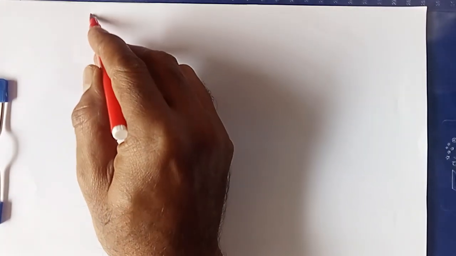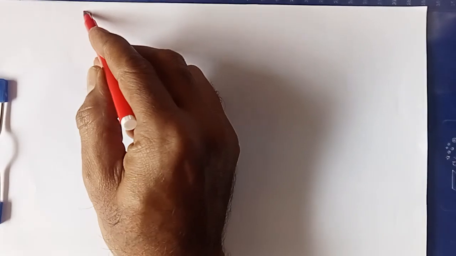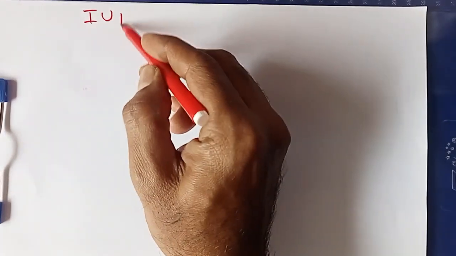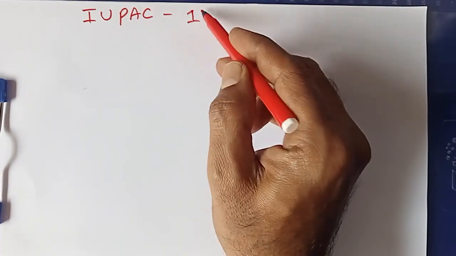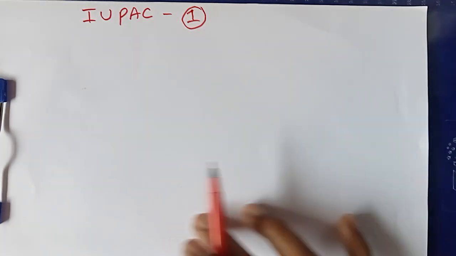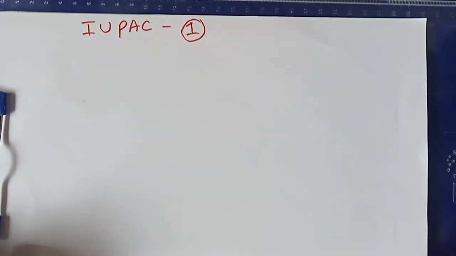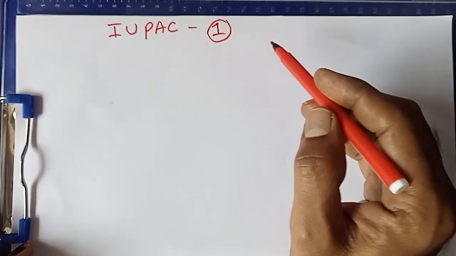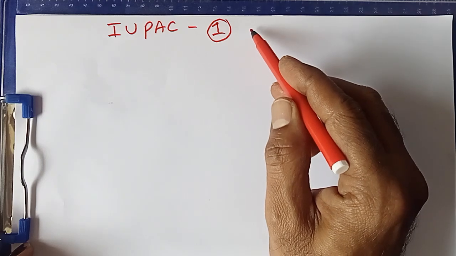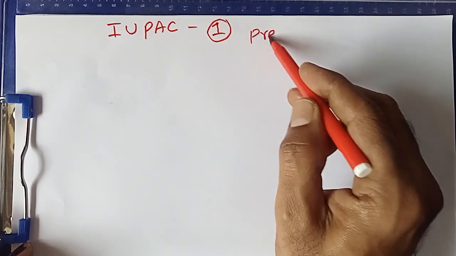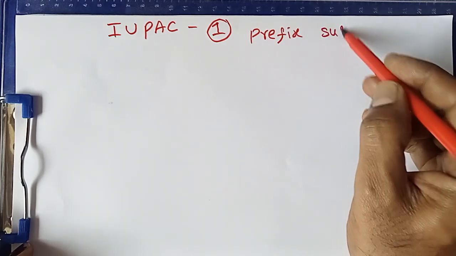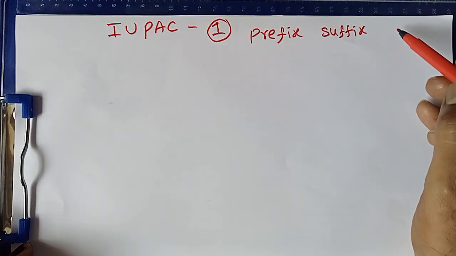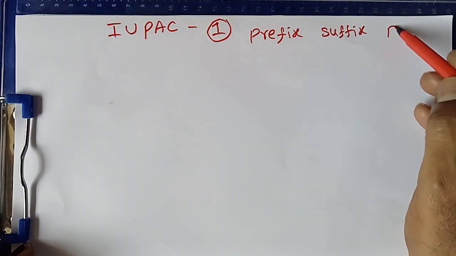In IUPAC, class 1, the first class, basic: prefix, suffix, root word or word root.